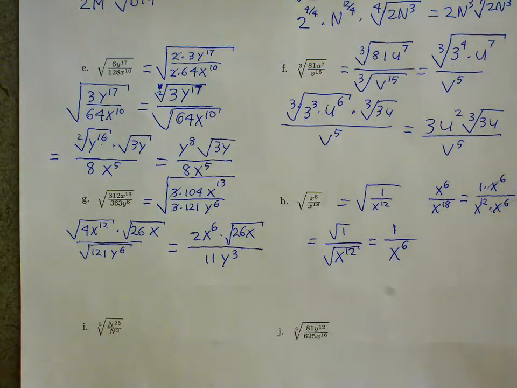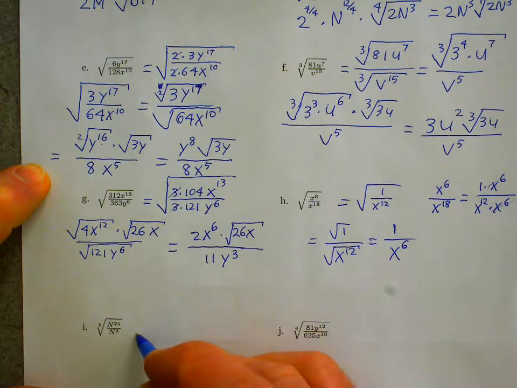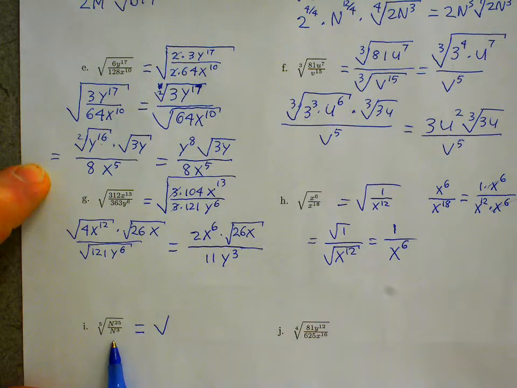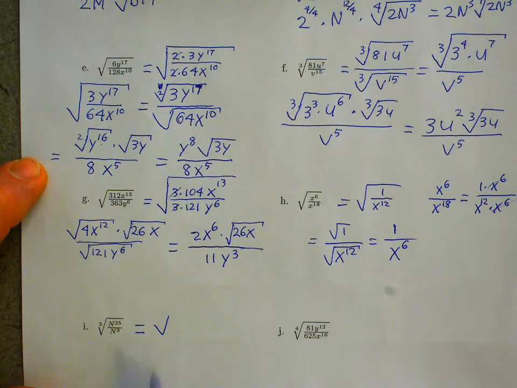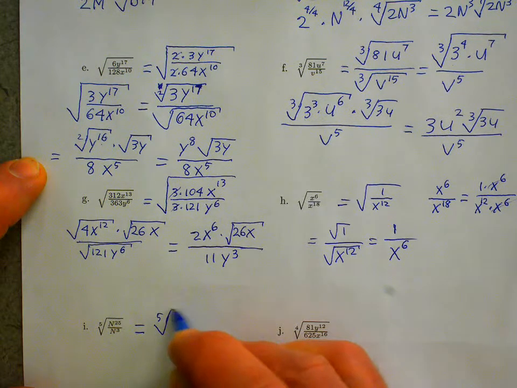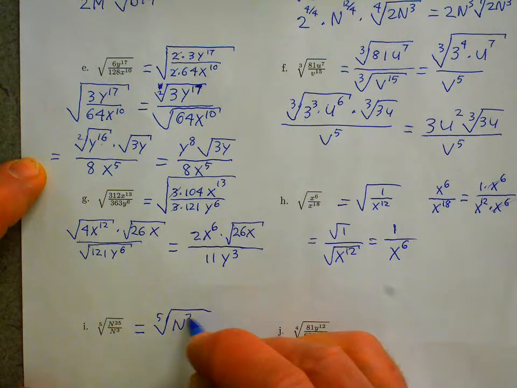Okay, the next one, the 5th root of n to the 25th over n to the 3rd. We can simplify the rational expression inside: n to the 25th divided by n to the 3rd simplifies to n to the 22nd.